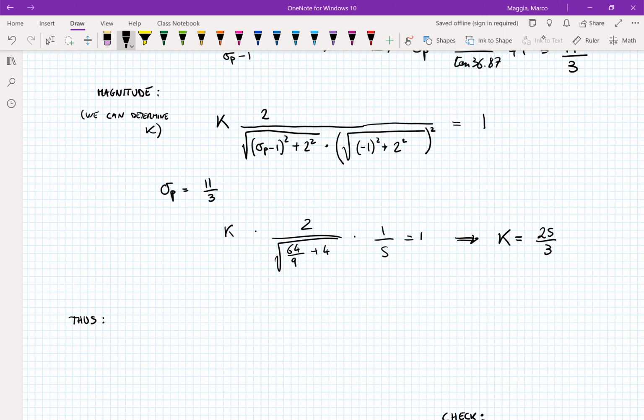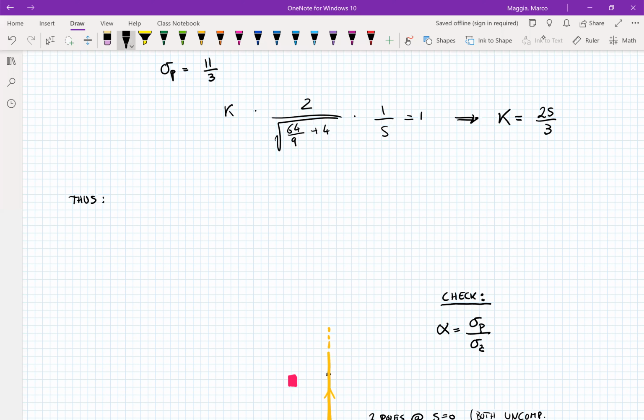So the overall characteristic equation becomes 1 plus 25 over 3 times s plus 1 over s plus 11 over 3 times 1 over s squared equals 0. And the two poles of this characteristic equation are exactly minus 1 plus or minus 2i.